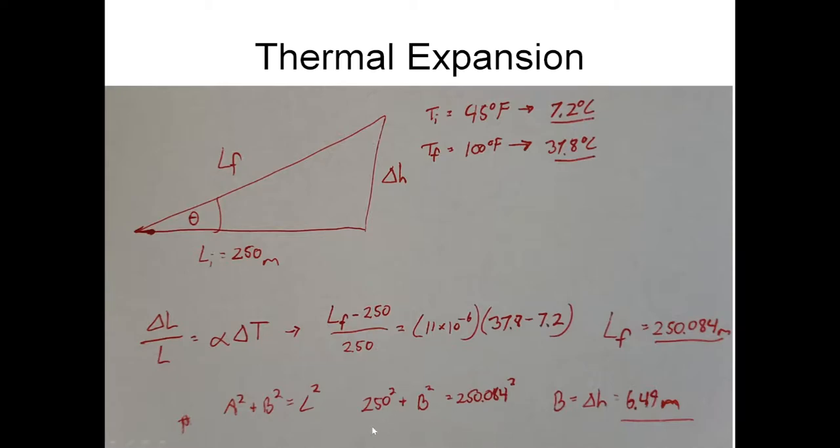Then, once you've got b squared equals a number, take the square root of both sides, and you should end up with b, which is going to be our delta H, equals 6.49 meters. That's 6.5 meters shunted vertically upwards on that side.